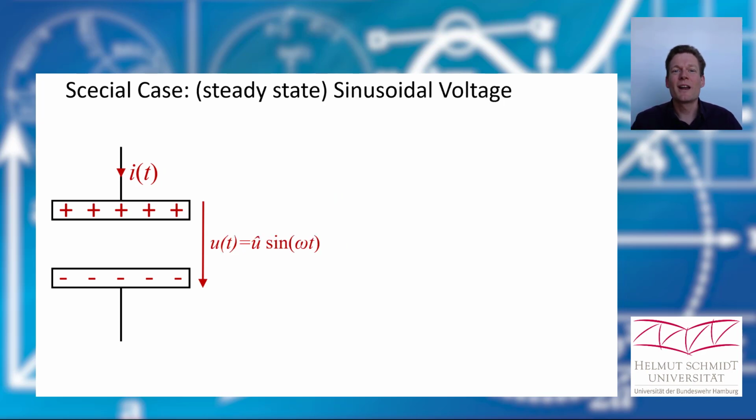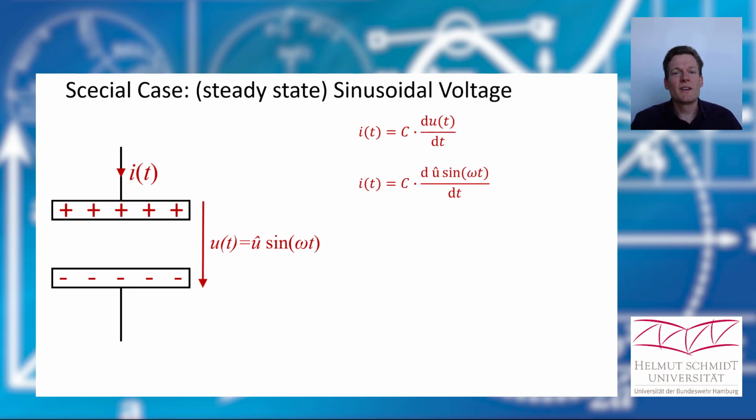Let's have a look at what happens at a capacitor if we have a sinusoidal voltage applied. We can calculate the current just using our element equation. This time our voltage is sinusoidal, which means it has an amplitude and the shape looks like a sine function.